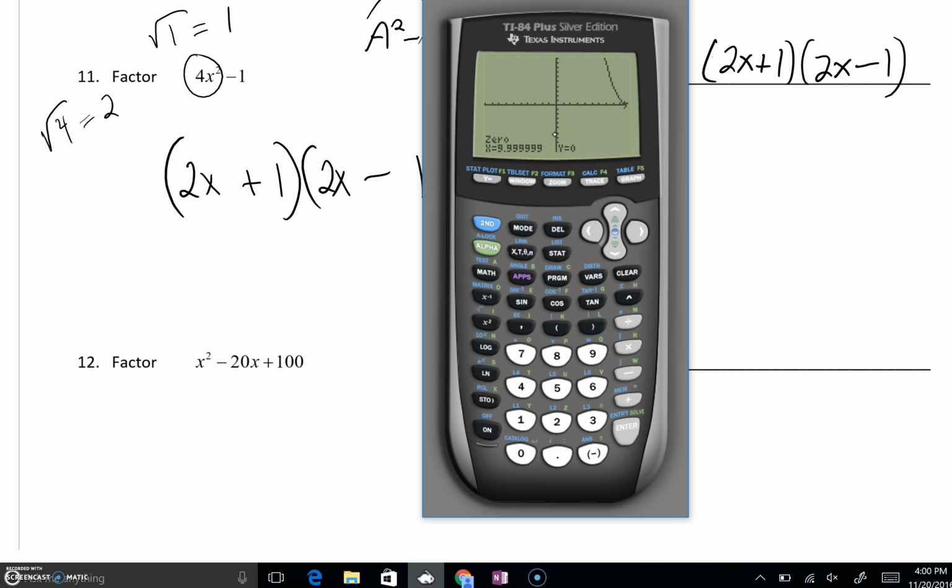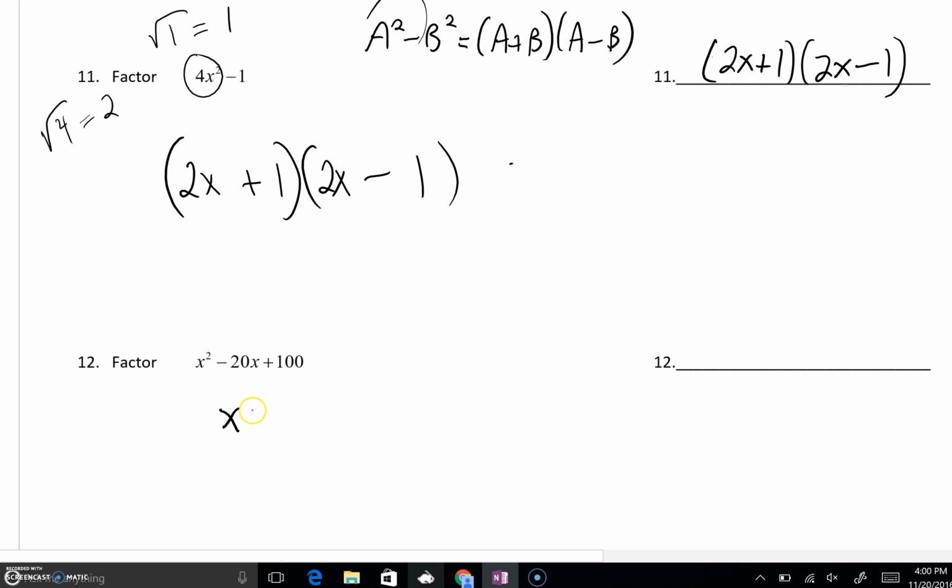Sometimes the calculator has a little bit of round-off error, and this is a perfect example of that. It's really trying to say x is 10. Because our parabola would be touching just once, this is where we'd get our double root.